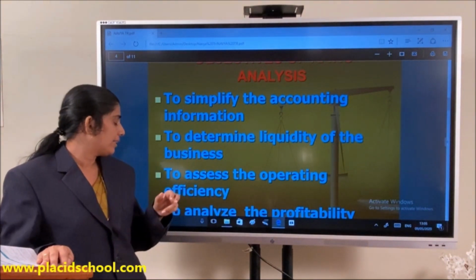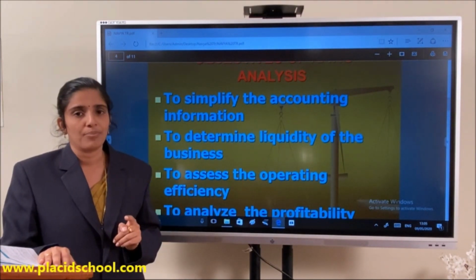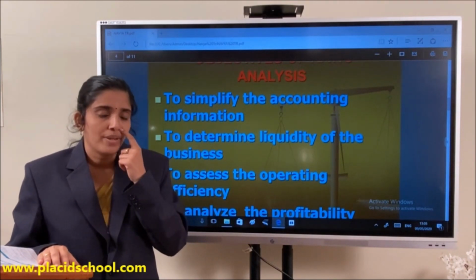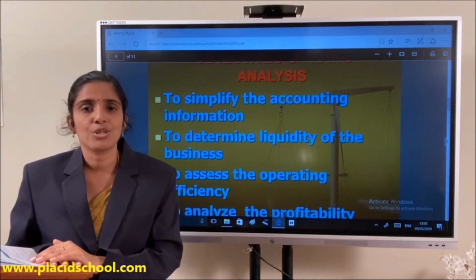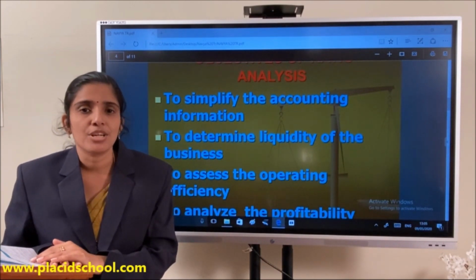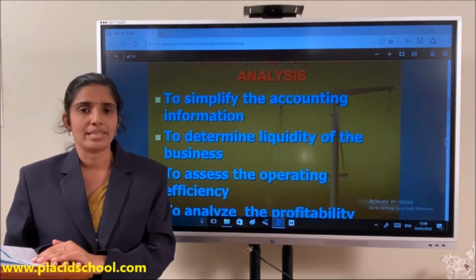Then the third objective is to assess the operating efficiency. In the ratio analysis, we calculate stock turnover ratio, trade receivable turnover ratio, that type of activity ratios. In this way, we can measure the operating efficiency of the organization.